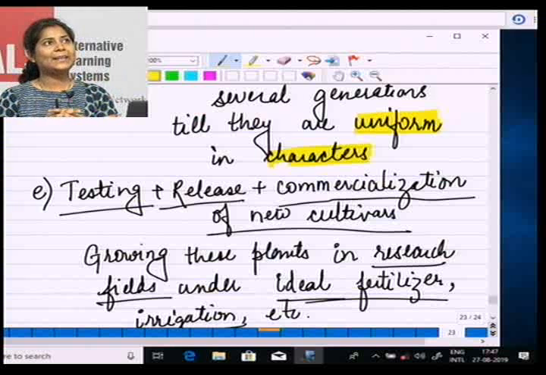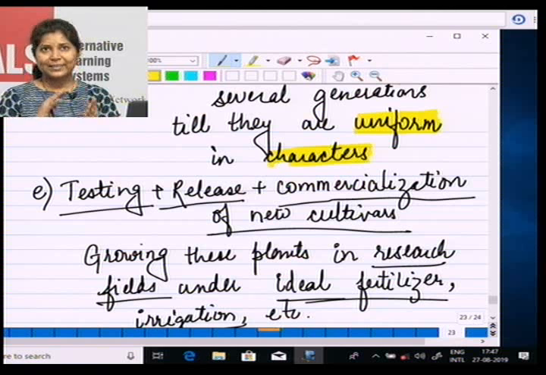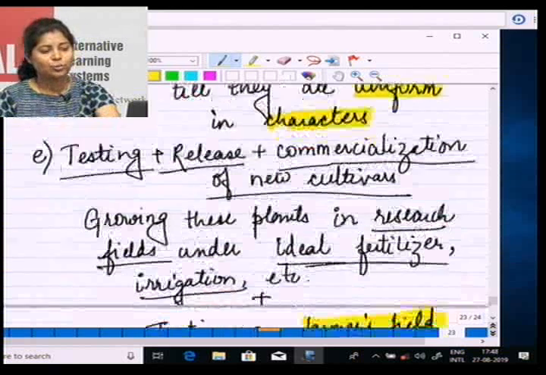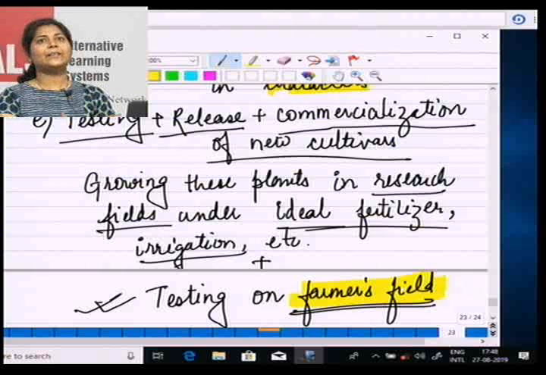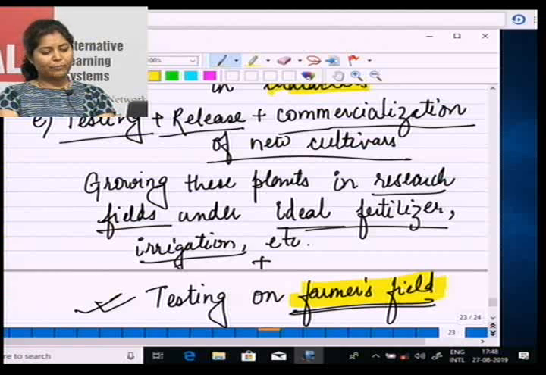Yes, it is Arunachal Pradesh. So when you are testing it, after finally testing, it should be released and commercialized as new cultivars. New cultivars means it should go to where? It should go to our fields, the common man's field or the farmer's field. So these are the steps we are actually interested in, in plant breeding experiments.